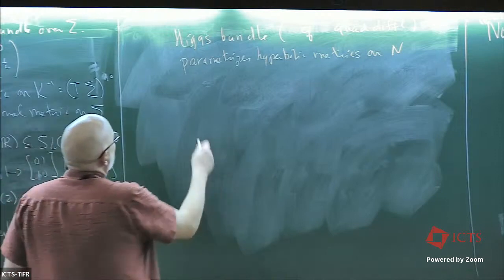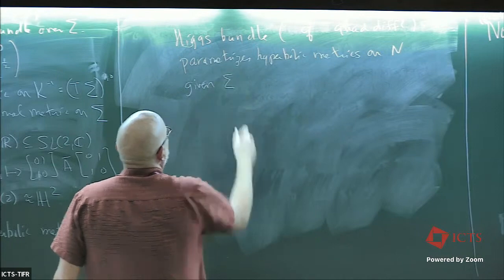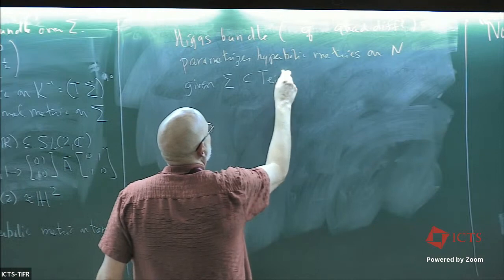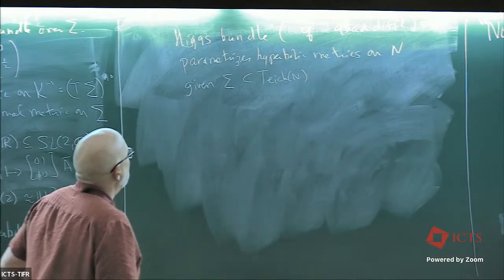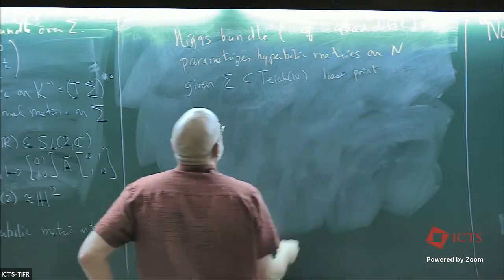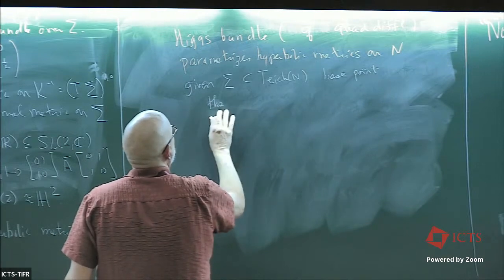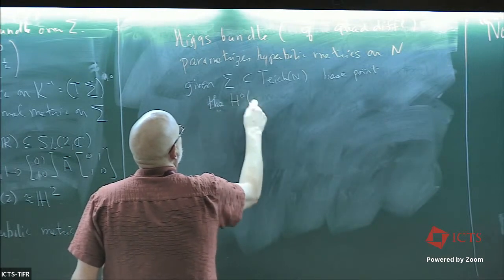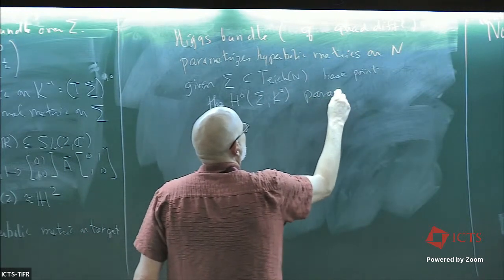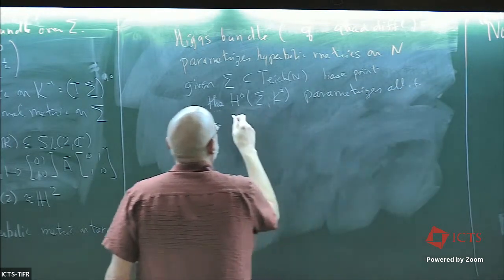And so in fact, what you get is, given a marked sigma, which I'll think about as in the Teichmüller space of n, it's like a base point. And then in Higgs bundle theory, the space of quadratic differentials over sigma parametrizes all of Teichmüller space.